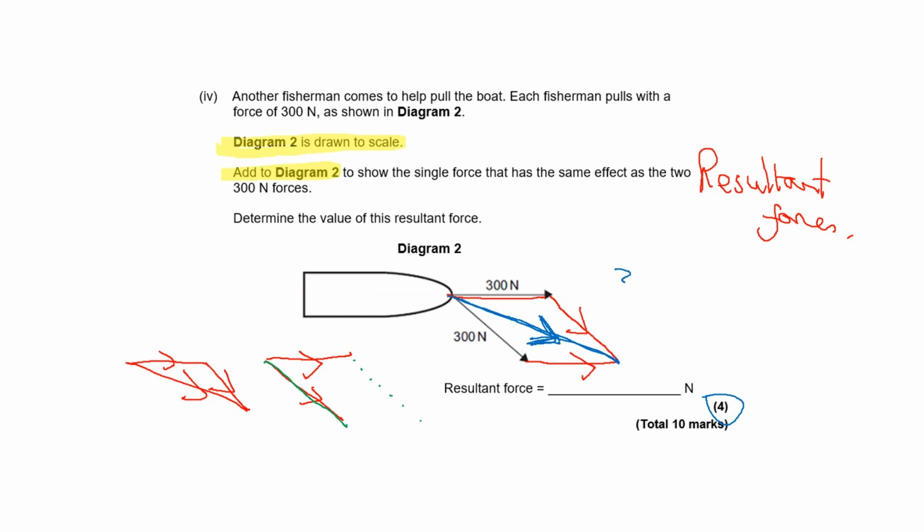So for example, if the 300 Newton line was say 2 centimeters long and I measured the blue line, I would use that scale to work out how long the blue line is and therefore the size of the force. It turns out that in the mark scheme they're looking for between 545 to 595 newtons. So you see that they do allow a reasonable margin of error there.